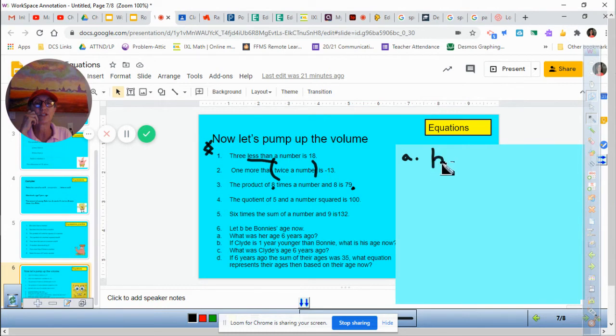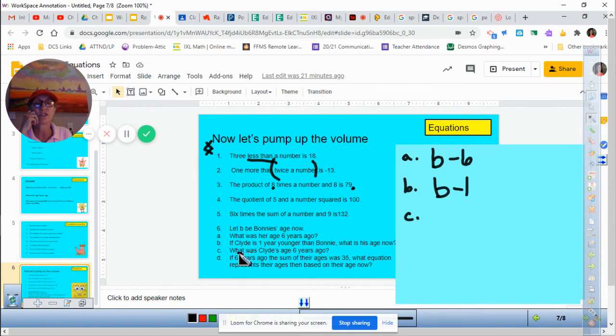Well, if Bonnie is B right now, 6 years ago, she was B minus 6. Then we get to this one. If Clyde is 1 year younger than Bonnie, what is his age now? Well, how old is Bonnie right now? Bonnie is B. He's 1 year younger, so we take a year off of Bonnie.